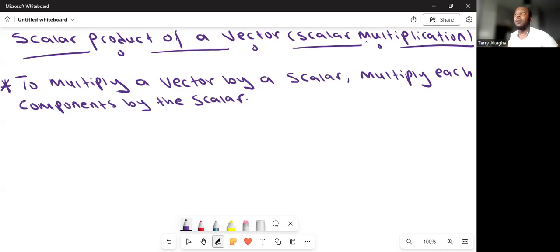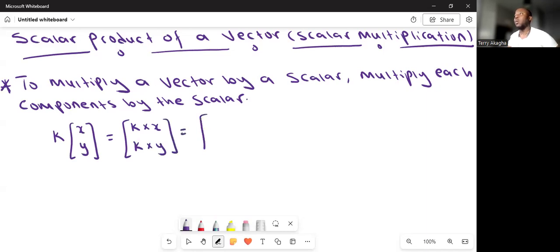Like I said, if you have k, and you have x and y, it's going to give you k multiplied by x, k multiplied by y, and that is going to give you kx and ky. Is that making sense? All right.